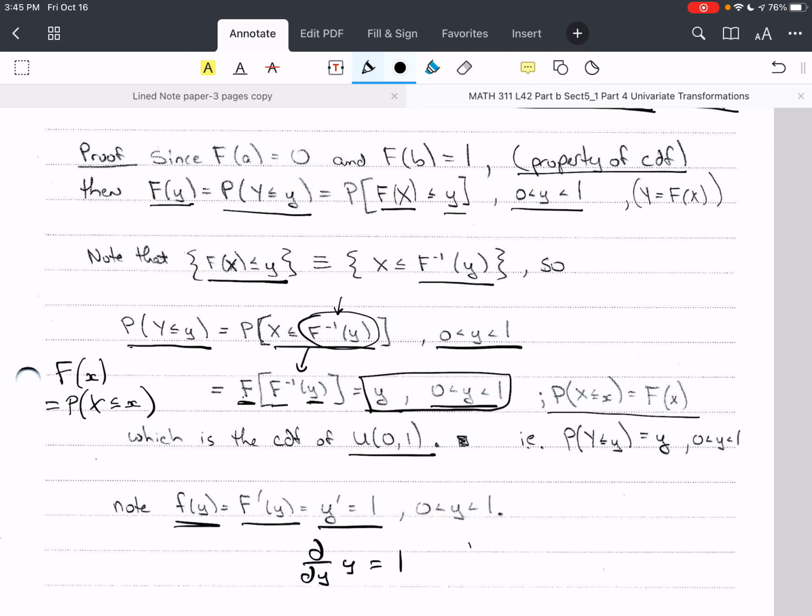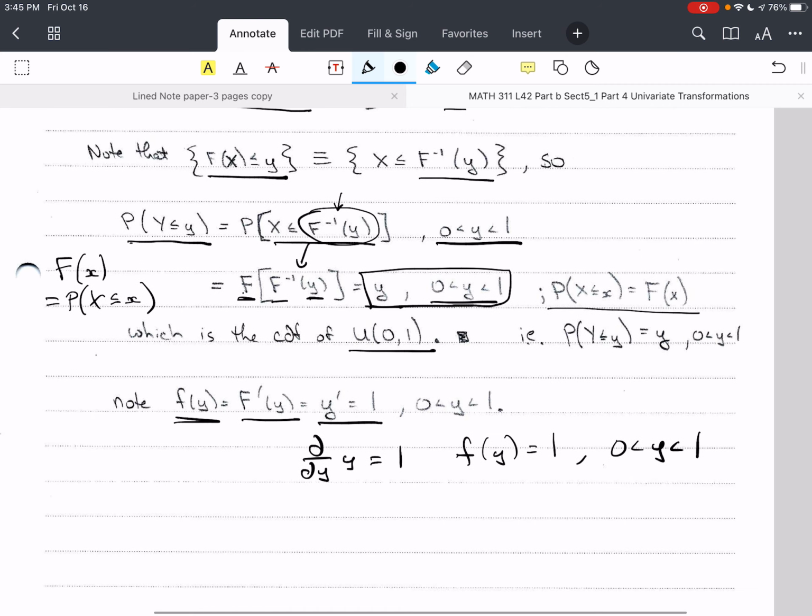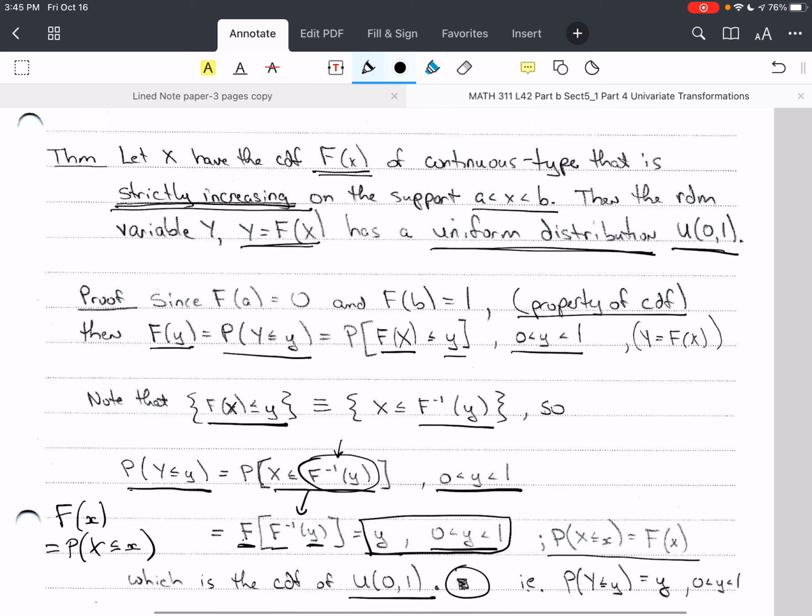And so I have f of y equal to 1, and y is between 0 and 1. This implies that Y is a uniform 0, 1. That's what it looks like. And so right here we have proved that this theorem is true.